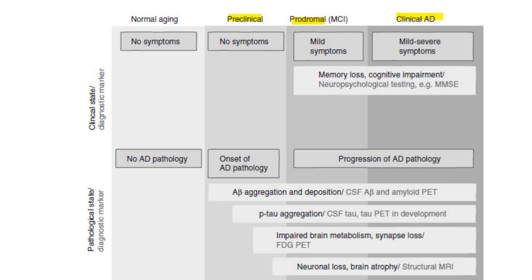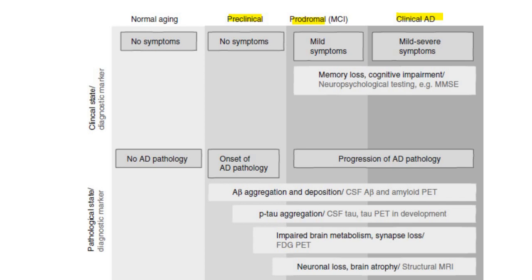Memory loss, cognitive impairment, onset of Alzheimer's pathology, and finally progression to Alzheimer's pathology. Alpha beta aggregation or deposition, that is amyloid plaque, tau protein aggregation, impaired brain metabolism and synapse loss, synaptic plasticity, and neuronal loss or brain atrophy.